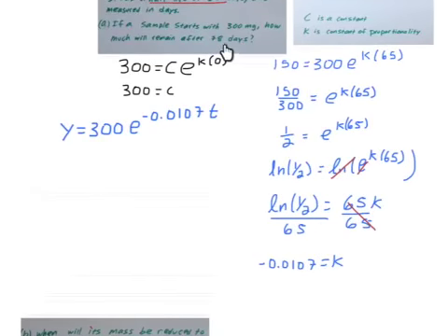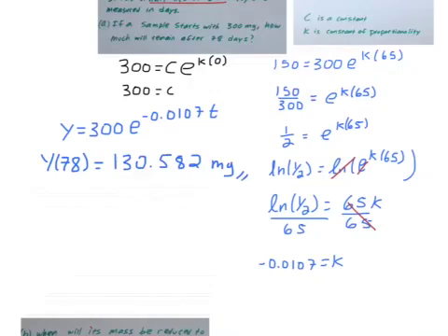So really, what I have to do now is take 78 and plug it in here for t. So they just want you to evaluate this at 78. So y of 78. You have to punch this up into your graphing calculator, and you should end up with 130.582, and the units of measurement was milligrams. So the answer is going to be in milligrams, and that's the answer for part A.